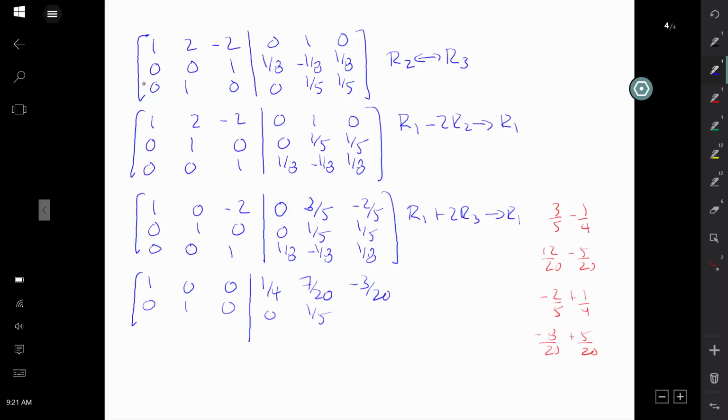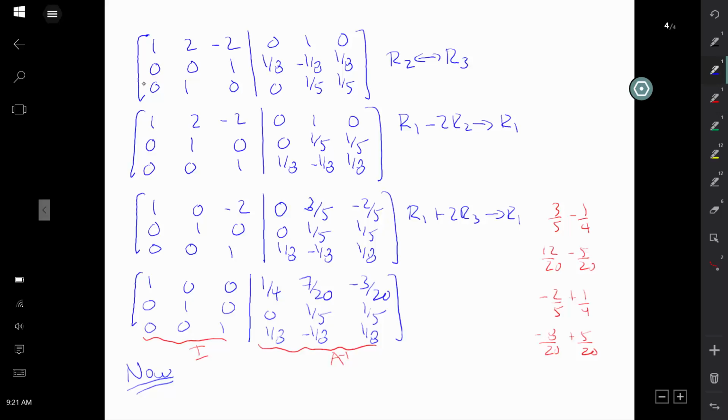0, 1 over 5, 1 over 5, 1, 1 over 8, minus 1 over 8, 1 over 8. So we've got the identity over here, which tells me that this should be the inverse.